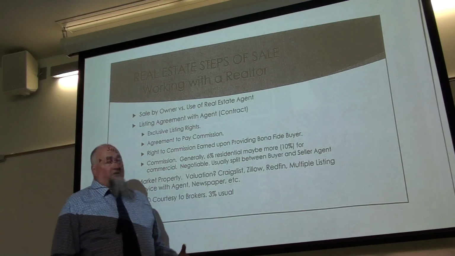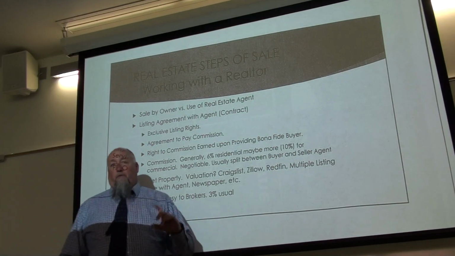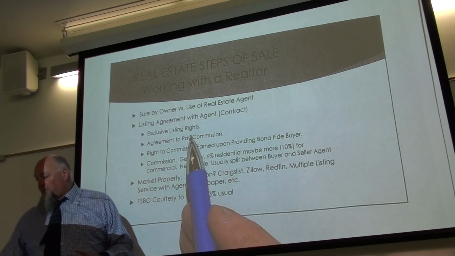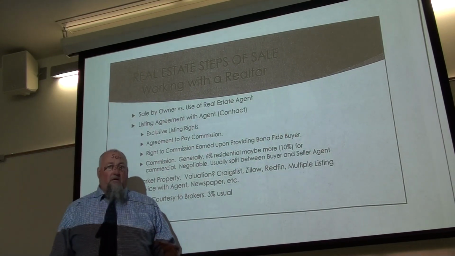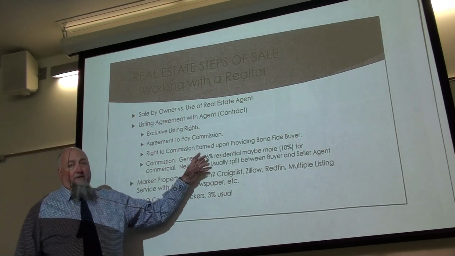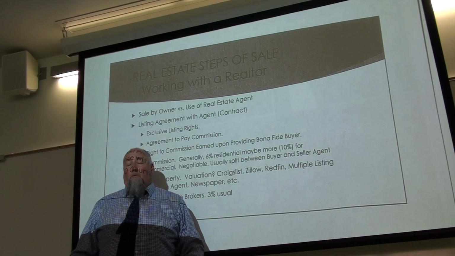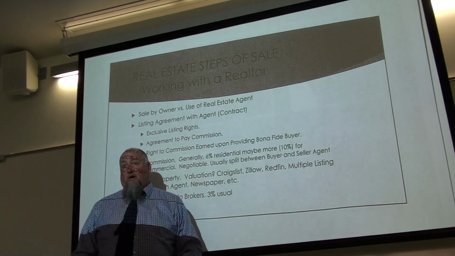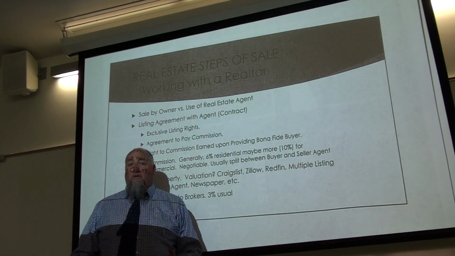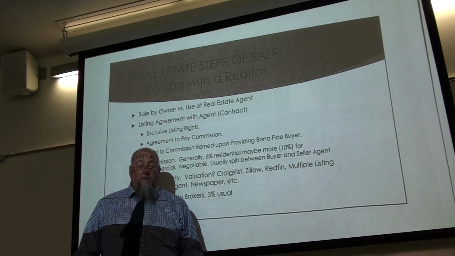So it is also a common thing that if you are going to sell the property with a real estate agent, they are entitled to that commission with any buyer that shows up to buy the property, and that would include anybody that you've dealt with already.